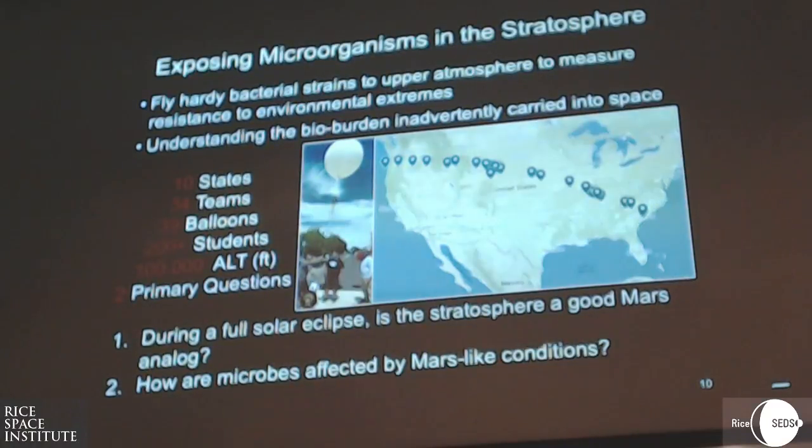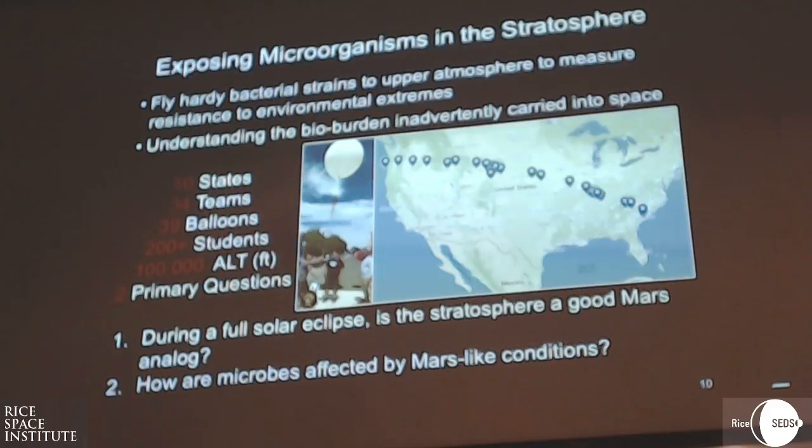They were launched with 34 teams in 10 states. All these balloons went up to altitudes of 100,000 feet and greater, and we were asking two primary questions. We put pretty hardy bacteria on little strips, and we wanted to see if that bacteria, as it went up to those altitudes, would survive.